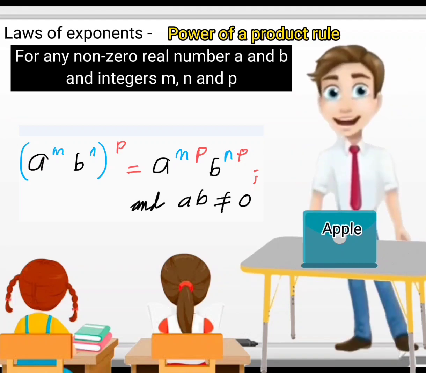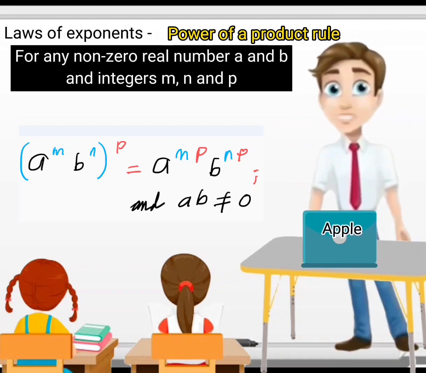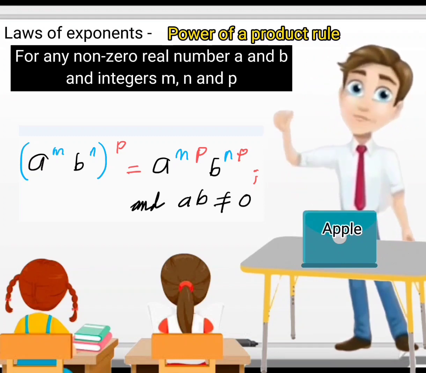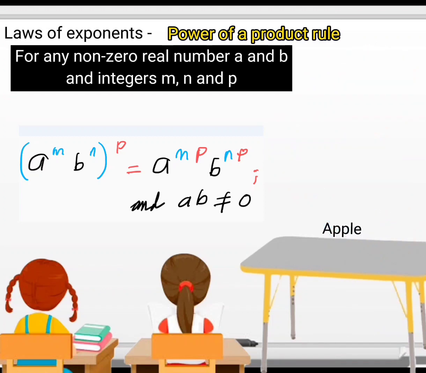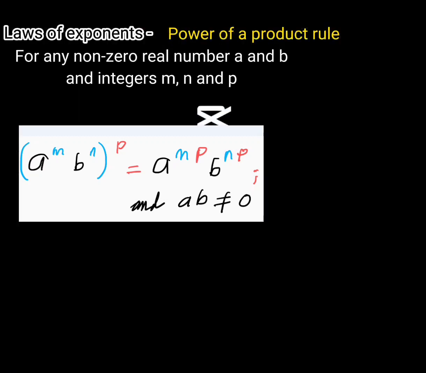Kaya kapag meron tayong product doon sa base and then ito ay ni-raise sa another exponent, so ang gagawin lang natin, i-distribute natin yung outer exponent doon sa mga exponents sa bases natin.